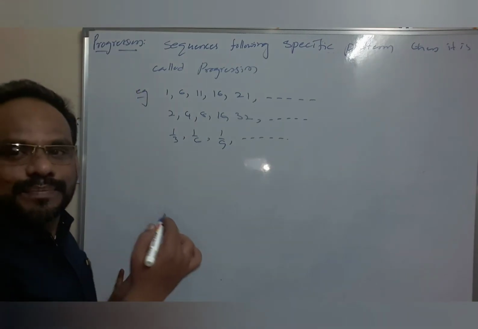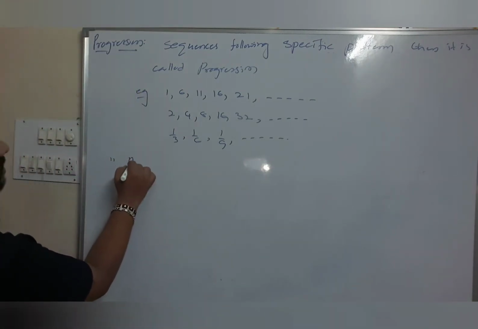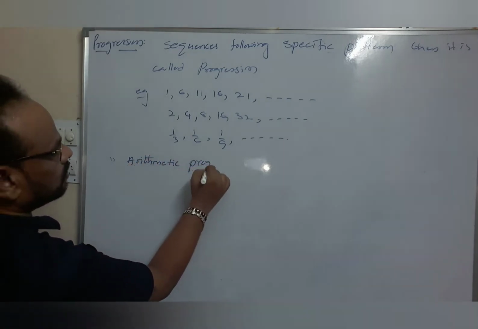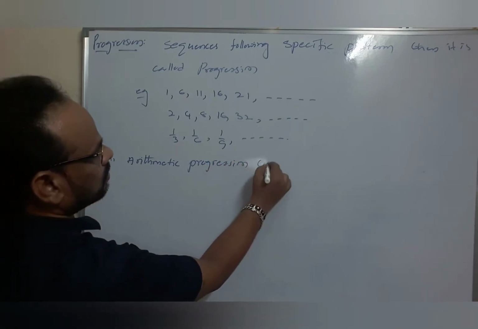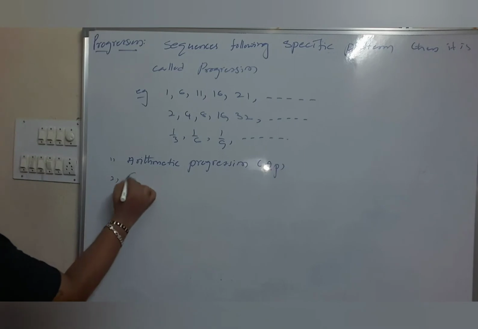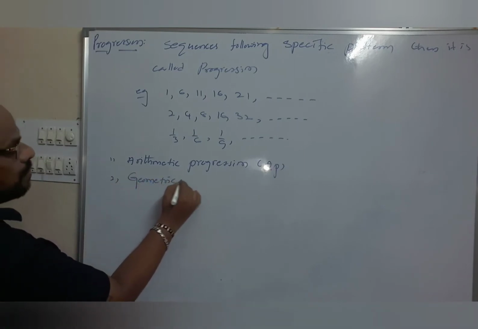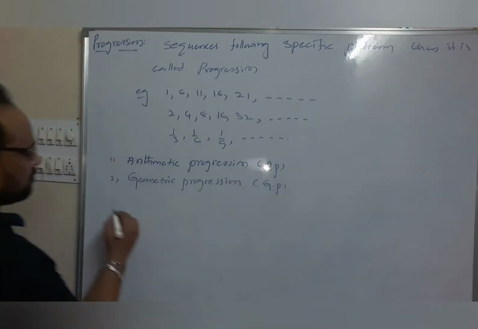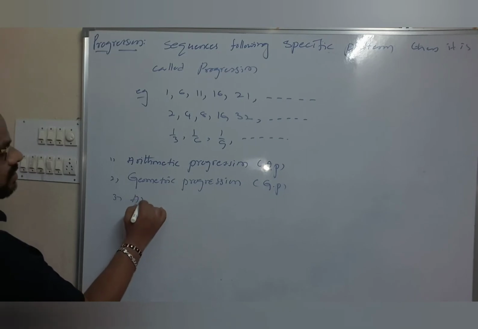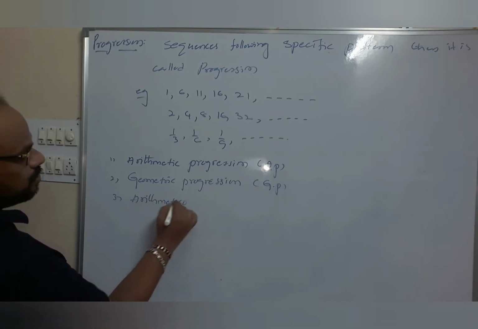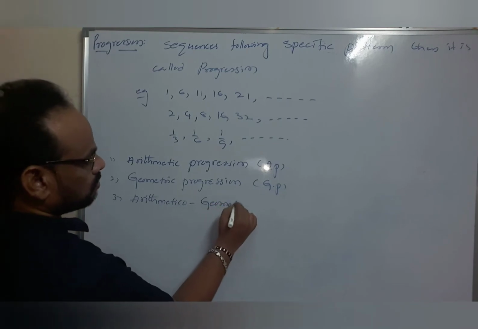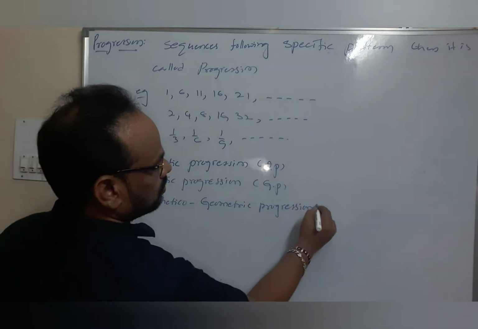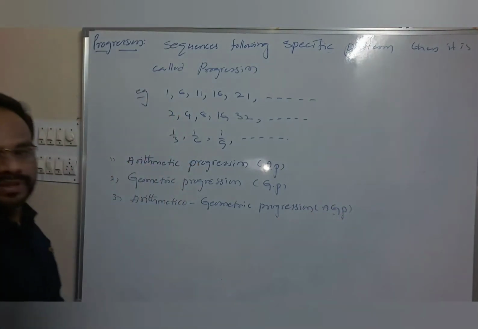Progressions are mainly 5 types. First one is arithmetic progression, that is AP. Second one is geometric progression, that is GP. Third one is arithmetico-geometric progression, that is AGP.